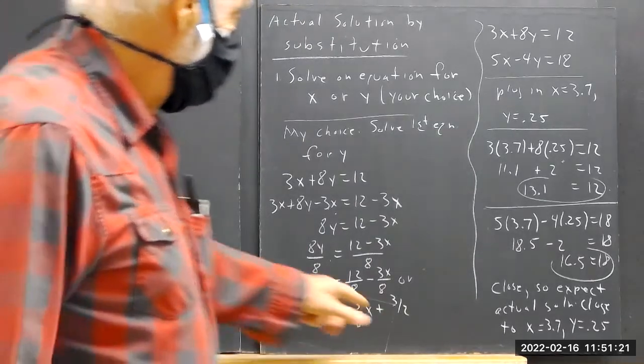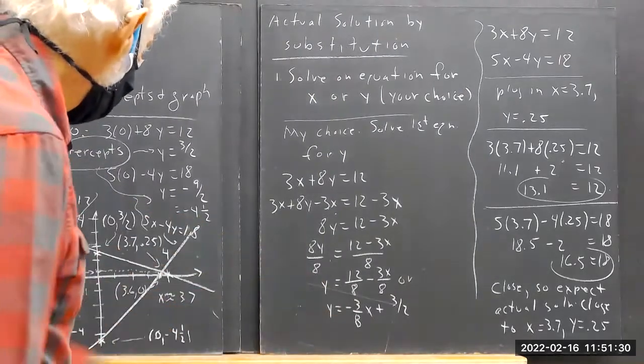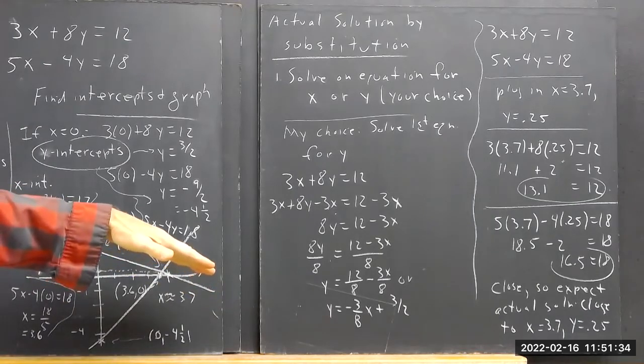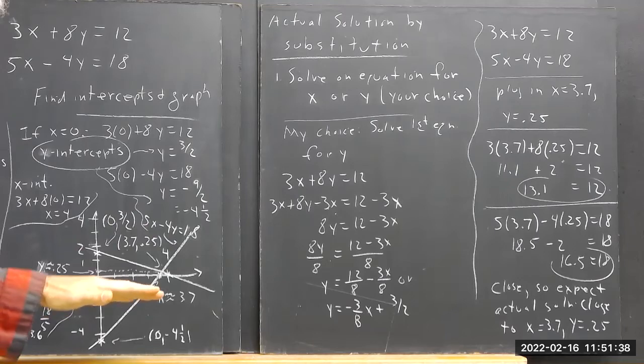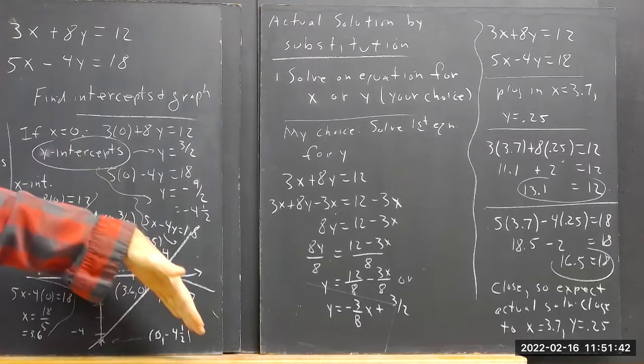Now, does that make sense? We've got a graph. Let's see if that makes sense. The first equation should have a slope of negative 3/8. Well, there it is. It's a small slope. It's not 0, that'd be horizontal, but a slope of 1 would make a 45-degree angle with the axes.